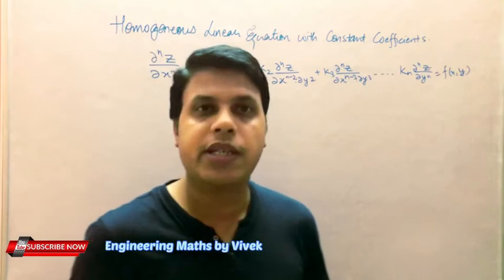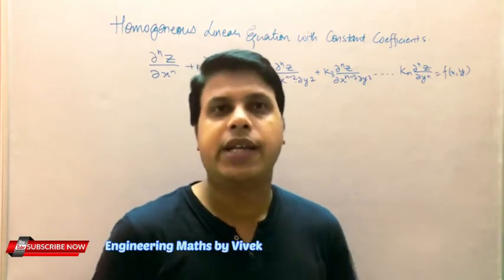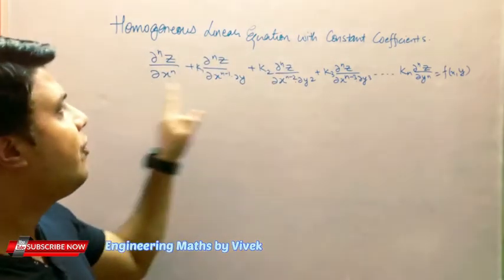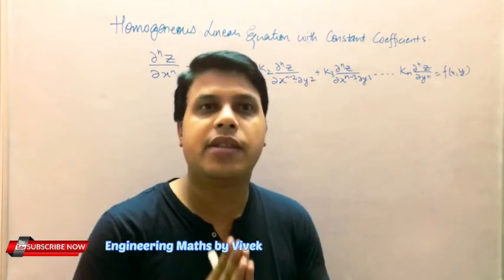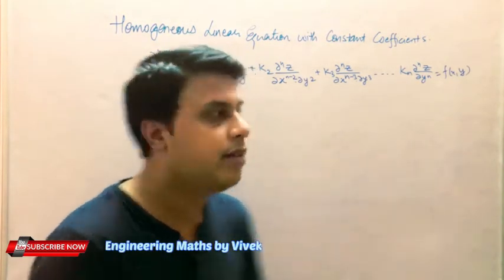Why is it homogeneous and why is it linear? First of all, why is it homogeneous? Because we can see every term has the same order, that is nth order.